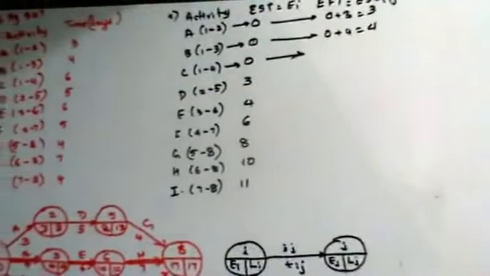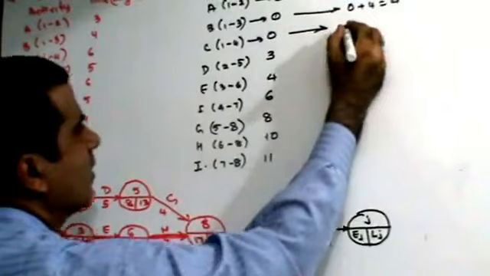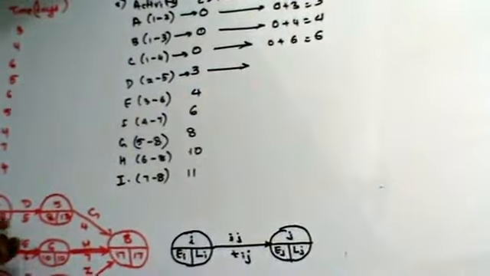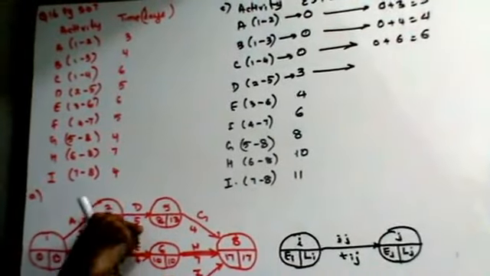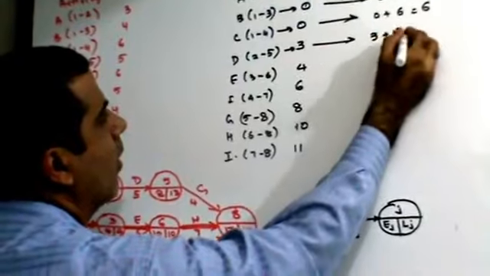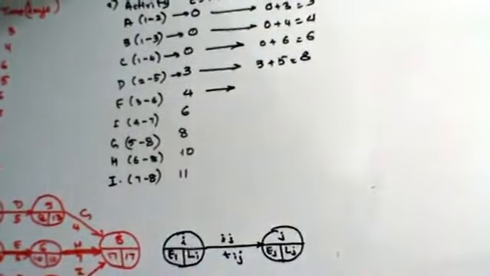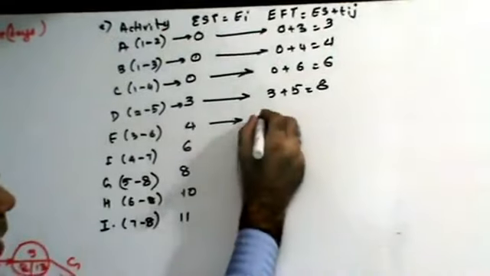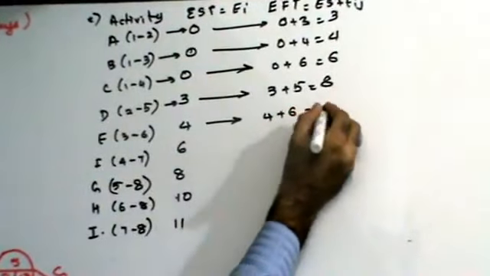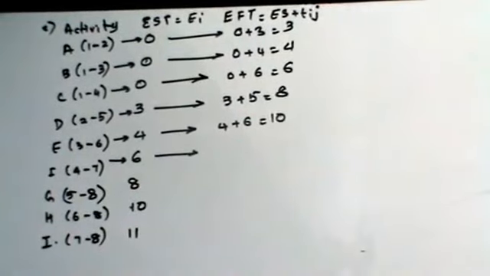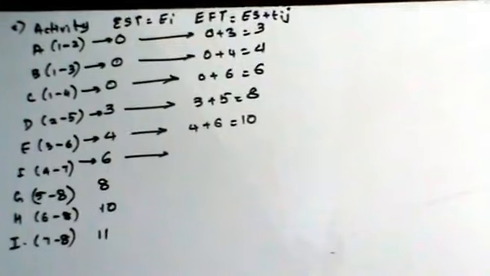For activity C, it is going to be 0 plus 6. For activity D, it is going to be 3 plus 5. For activity E, it is going to be 4 plus 6. For activity F, it is going to be 6 plus 5.